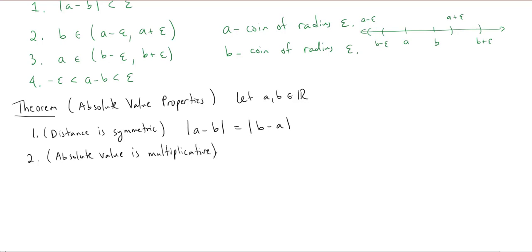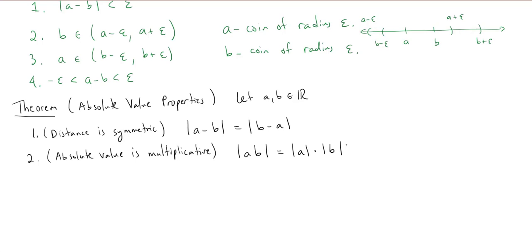It means that I have some sort of function, and the absolute value is a function, and that if I multiply two numbers and then apply the function, it's the same as if I apply the function to each number and then multiply. So let's write this out in symbols. If I take the absolute value of a product, then this is equal to the product of the absolute values. So that's what it means to be multiplicative.